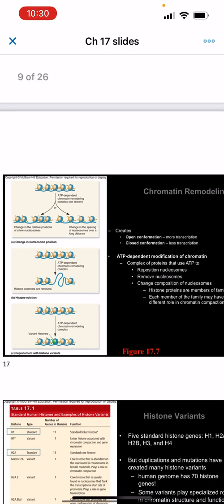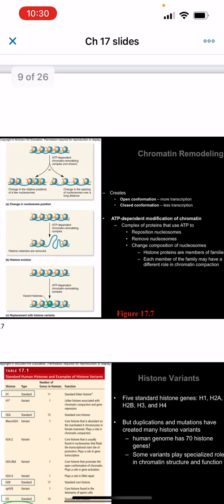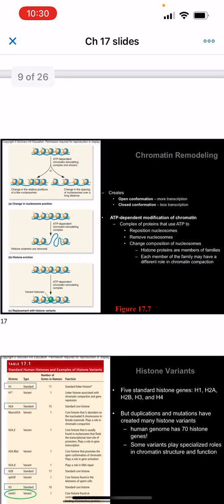So these are your three big categories of what can happen when we're talking about remodeling chromatin. We're talking about changing the position of the nucleosomes, removing a nucleosome, or replacing some histones in a nucleosome to change how that nucleosome is packaged.